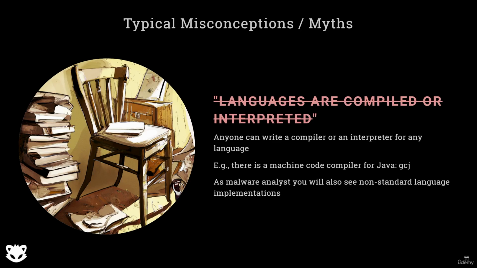So the tooling might be worse, and malware developers might use those rare implementations just to make your life harder. And that is why you should get this out of your head. Compiled or interpreted is not a characteristic of a language. It's a characteristic of a language implementation.